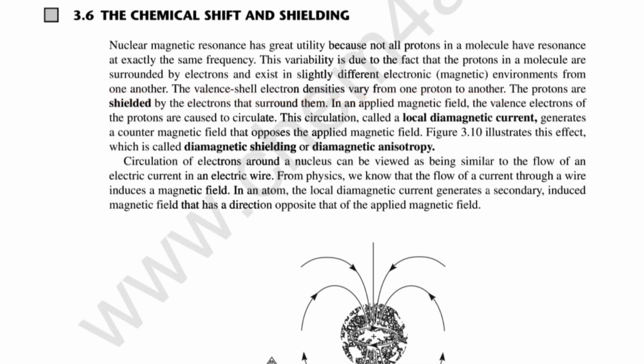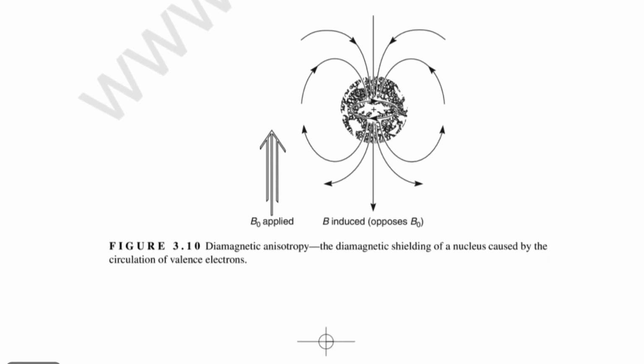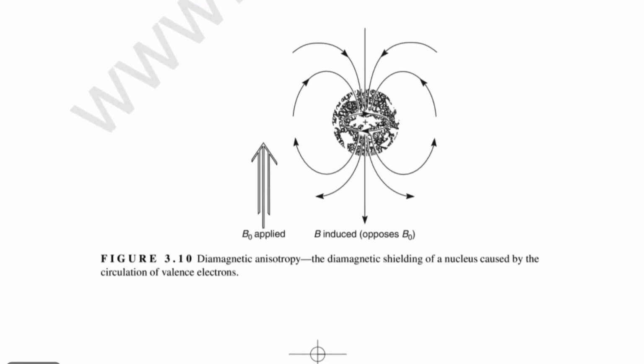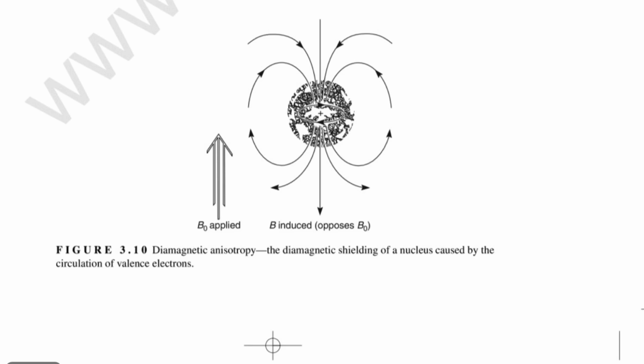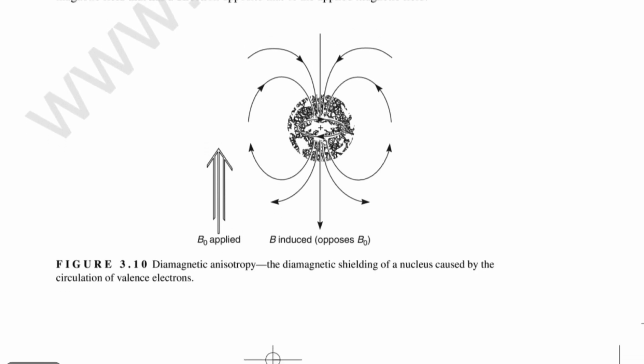So let me explain this in this diagram. Here this is the applied magnetic field, and the arrow indicates the north pole and the south pole of this applied magnetic field, and this is the proton. This is the hydrogen proton, the nucleus in the center, surrounded by the electron.